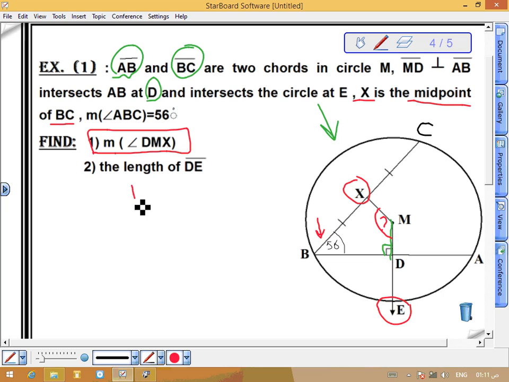We will start our proof. In the shape, BXMD is a quadrilateral. We have measure angle B equals 56.